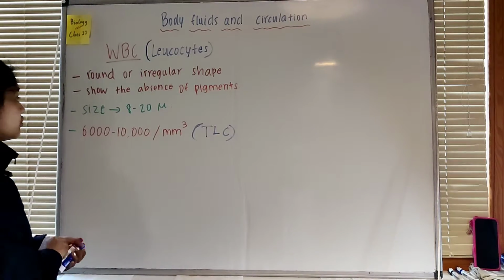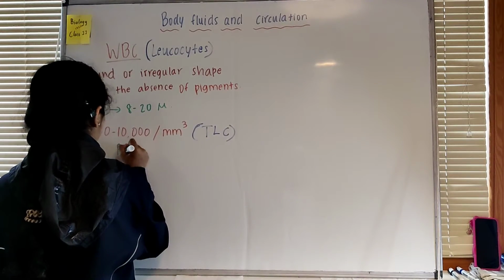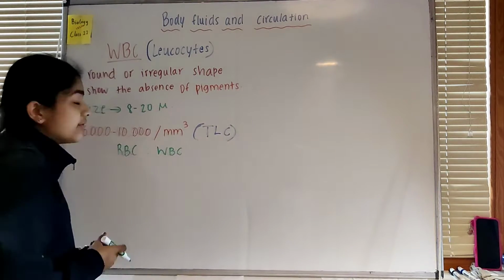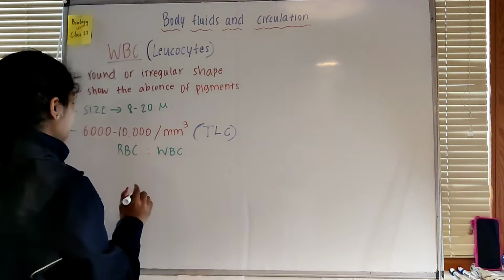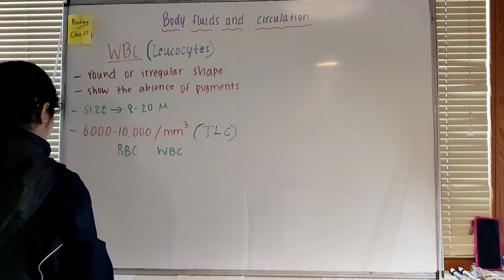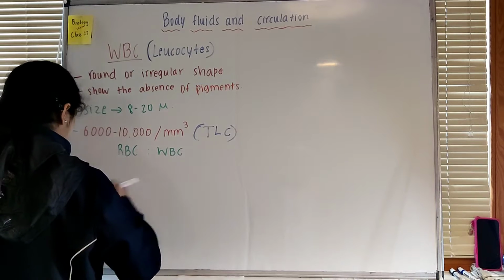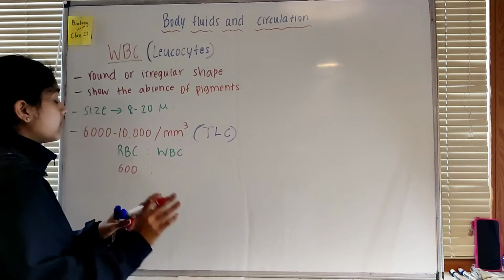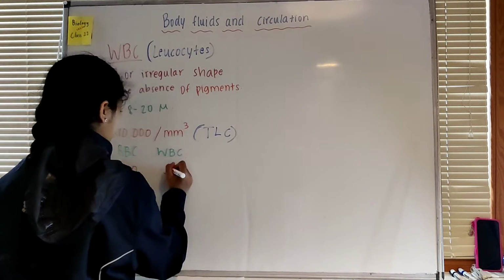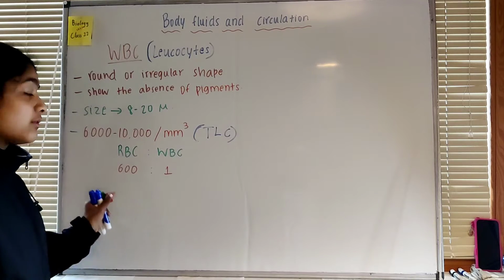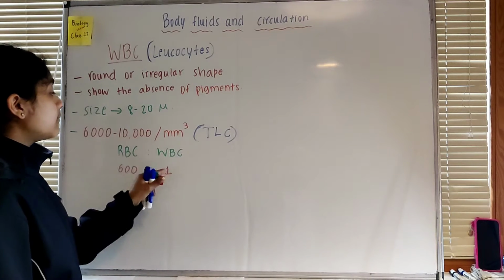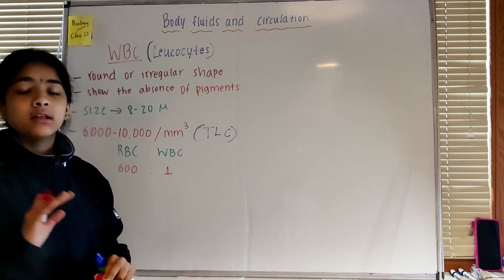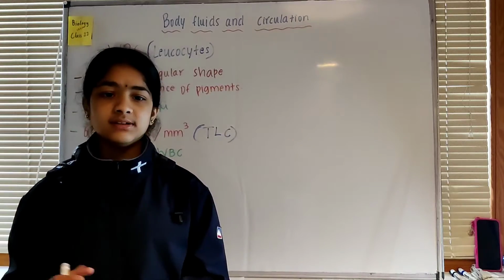If we take a ratio between RBC and WBC, for example if there are 600 RBCs, there would be only one WBC. So the WBCs are very few in number as compared to RBCs. We are just taking this ratio to compare the number between RBCs and WBCs.